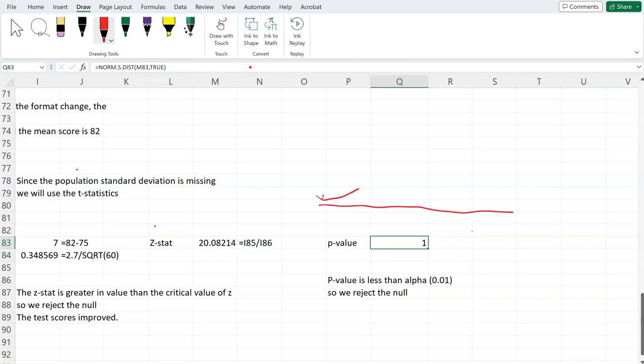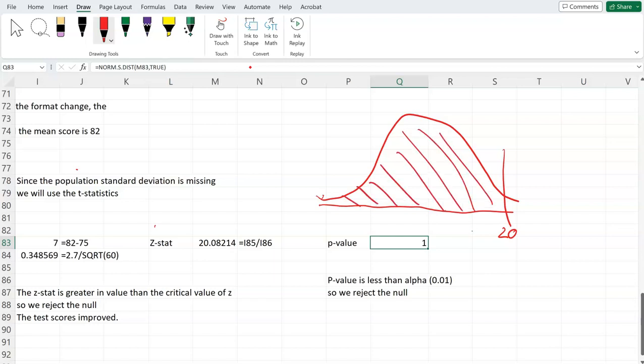So when I am drawing a normal distribution here, if this is my z-value, which is 20, this formula is basically finding all the area of the region to the left of z. But I want the region to the right of z, so I will update this formula to 1 minus.